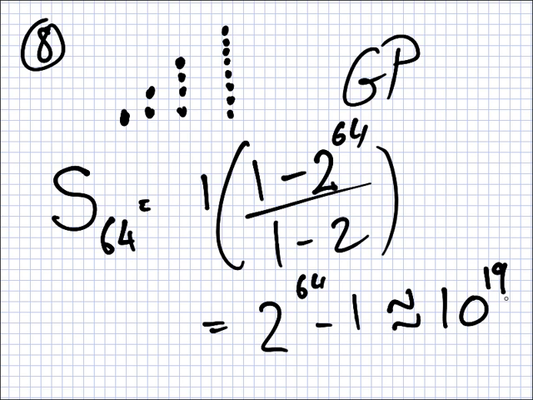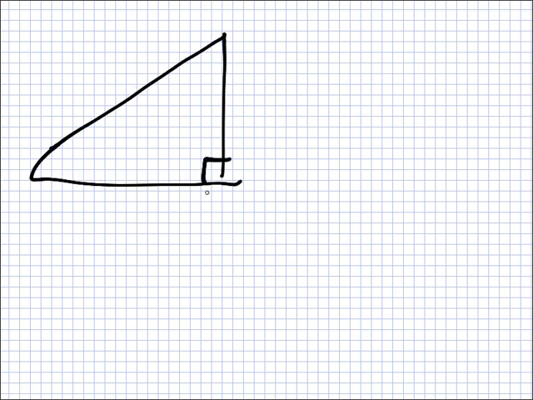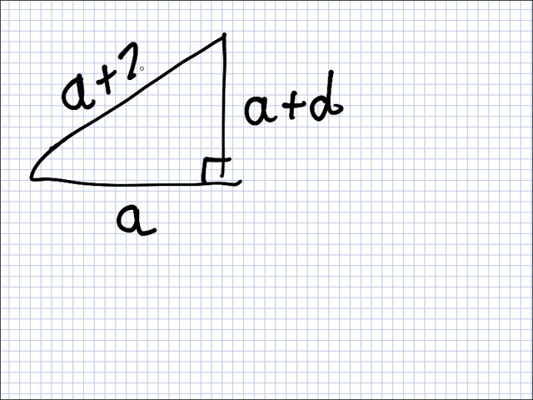I'll give you a little hint for it. In number 11, the three sides of a right-angled triangle are in arithmetic progression. So this side could be a, this side would then be a plus d, and this side would be a plus 2d.